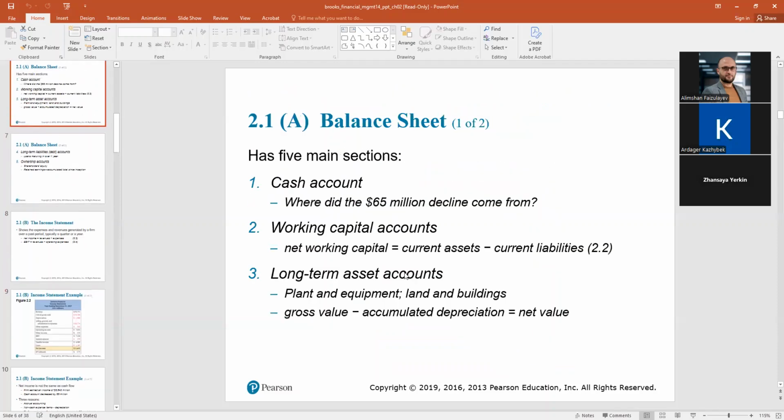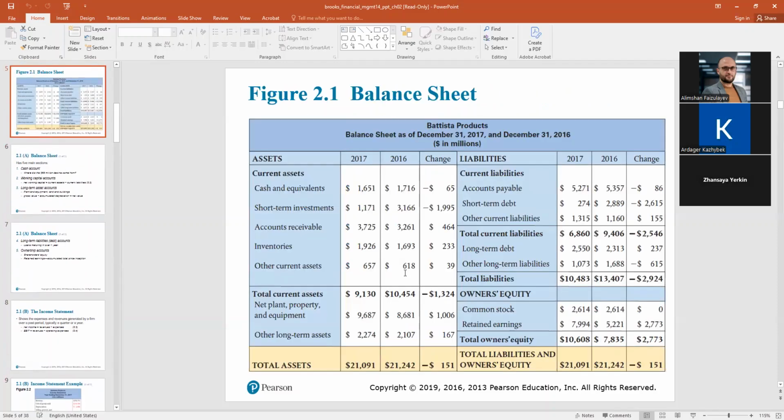And coming to the balance sheet, it's all about what the company owns and where the company got the money to finance these assets that they have, either a liability or the equity. And we said also that the assets and the liabilities are listed in the order of the liquidity position. It goes from the most liquid to the less liquid.